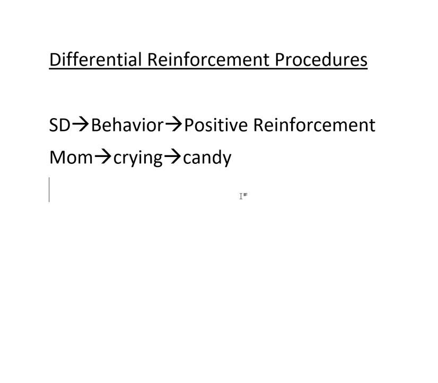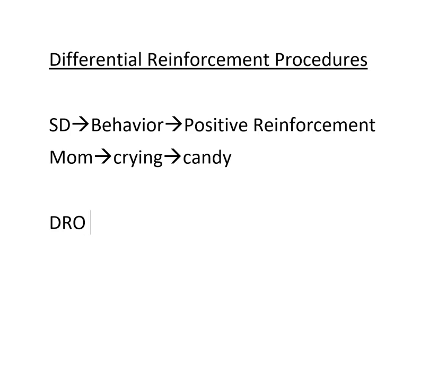The reinforcement you are giving in your procedure or in your intervention has to have the same function. Okay, so if it's candy that was reinforcing the crying, candy has to be used. But in the process of intervention, you're not using it after crying, because the whole goal is that you're trying to decrease crying. Okay, so let's see the types of DR, or differential reinforcement. We have DRO, differential reinforcement of other behavior.